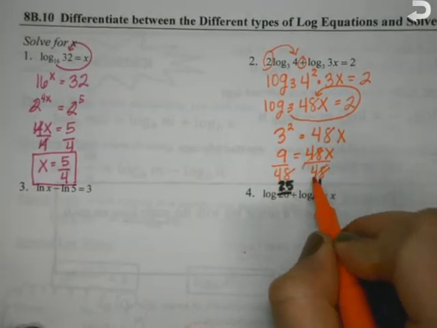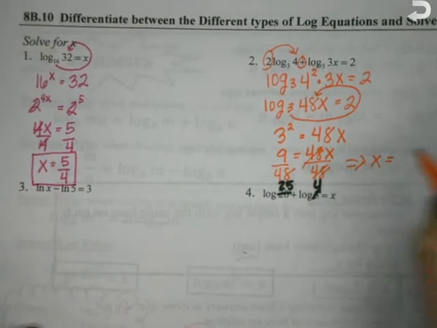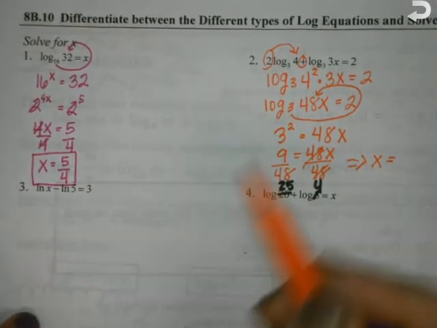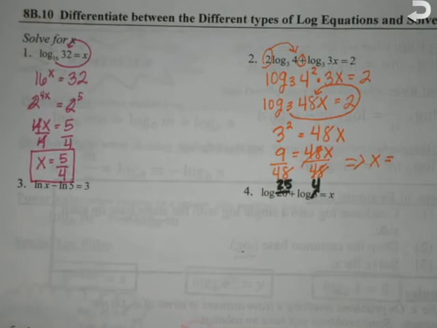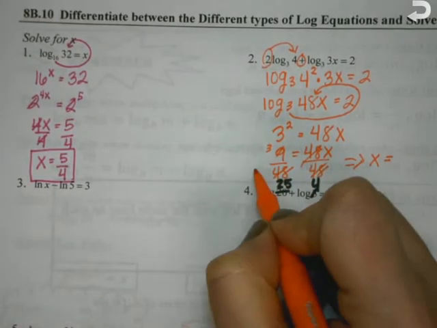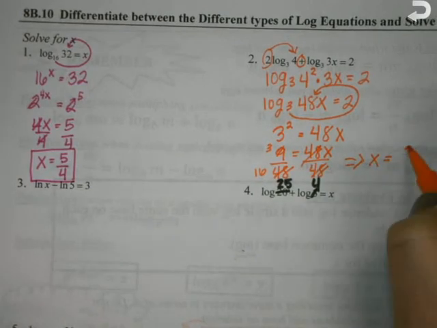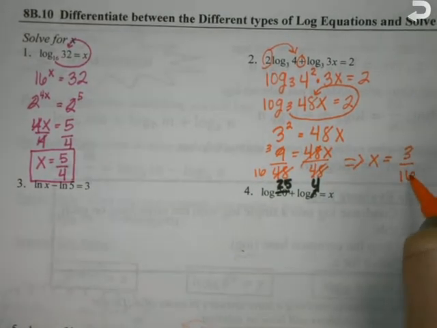Now we can reduce that, right? So I get x equals, what goes into 9 and 48? 3. 3 goes into 9 3 times, and 3 goes into 48, 16. So we get x equals 3 over 16.